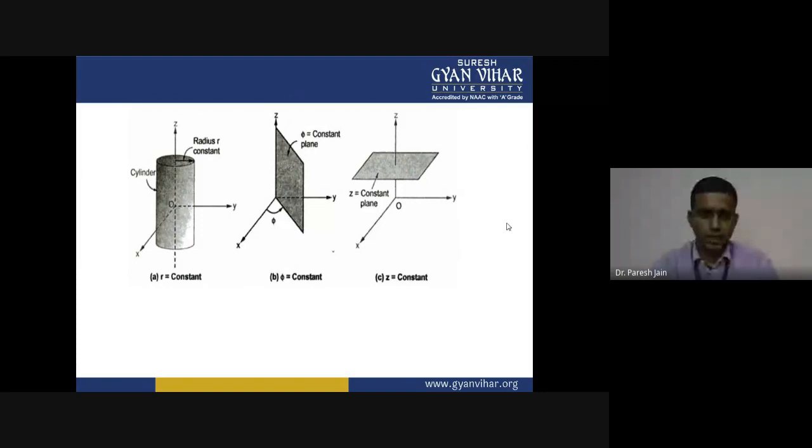Phi is known as the azimuth angle, and next, figure C says that z is equal to a constant. Why is z equal to a constant? Because it is a constant plane, as given in figure C.